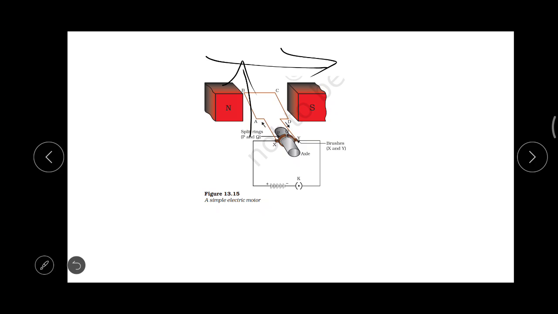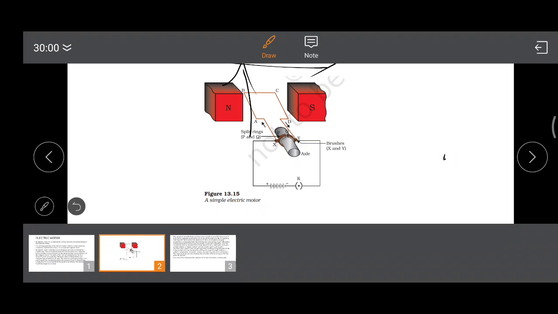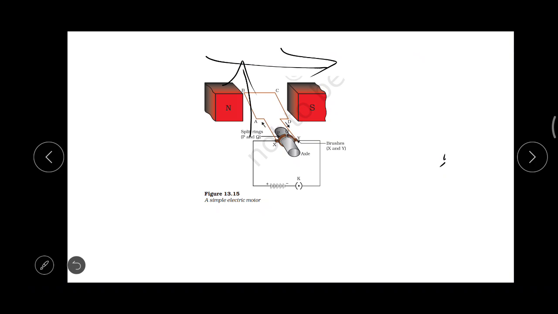Keeping the middle finger pointing into the screen, align your index finger from left to right. Now you can see that the direction of the thumb will be downwards.